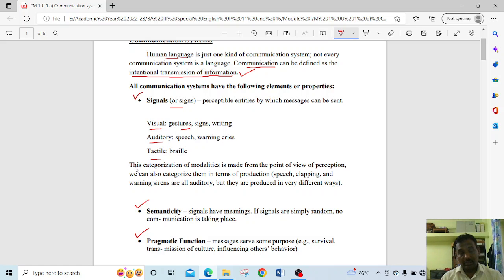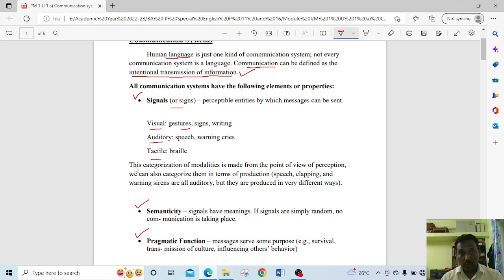When a father looks at a child angrily, he just makes his eyes big. It shows that he is angry. So that visual sign has a certain meaning. So they are called signals.